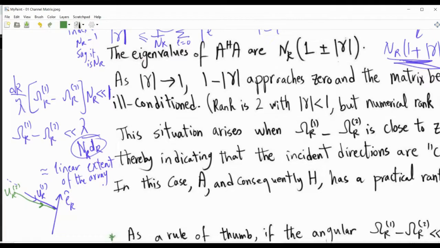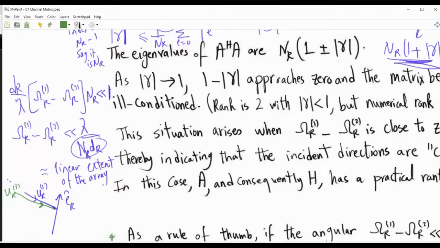The same story can be said about matrix B, based on the transmit array. Here I focused on matrix A, but remember that H is A times this diagonal matrix of complex gains times B.